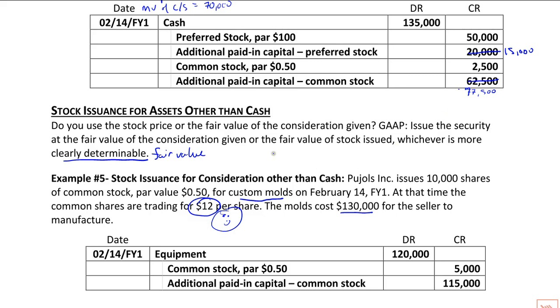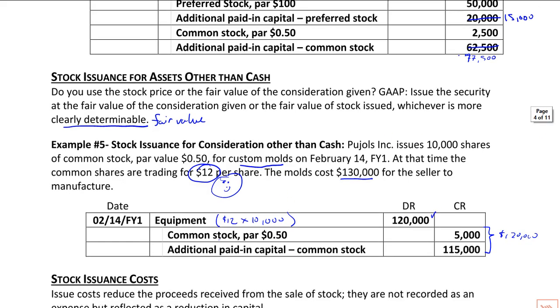Okay, so we would pick $12 a share times the 10,000. That's where the 120 came from. So we would put that value on the equipment and likewise on the shares, which these two combined, par and additional paid in capital, are 120,000.